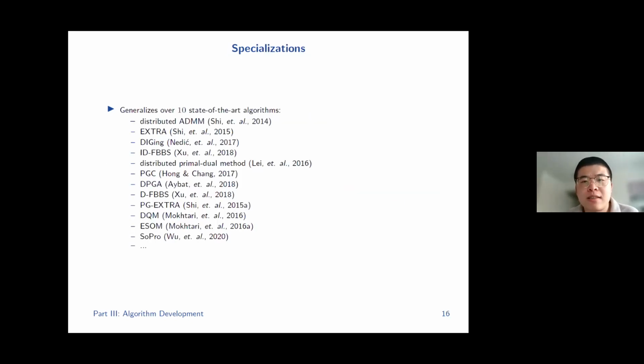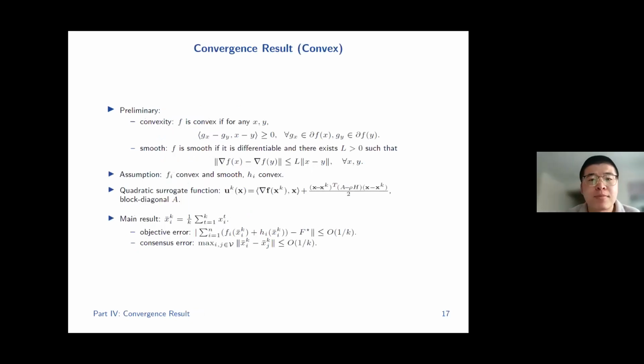We found that the proposed algorithm generalizes over 10 state-of-the-art algorithms, and many of them are quite famous and classical in distributed optimization. We also extensively studied the theoretical convergence of the proposed algorithm.